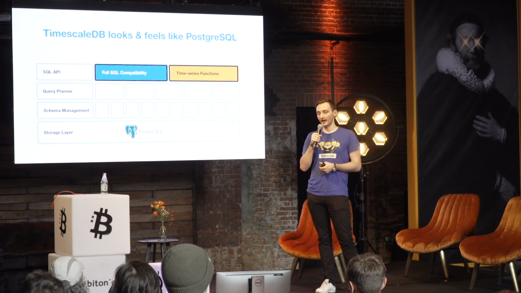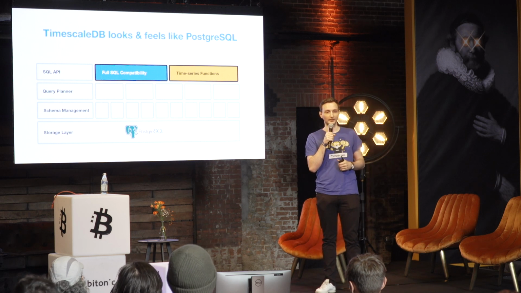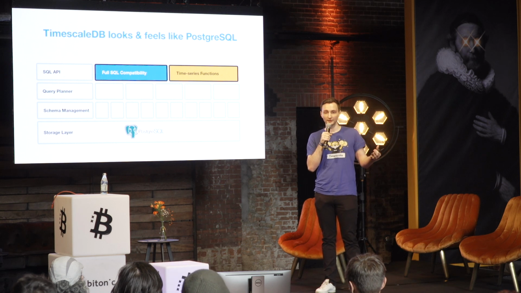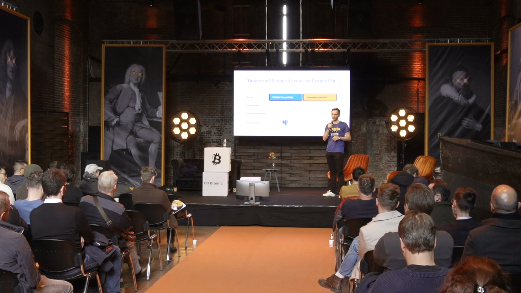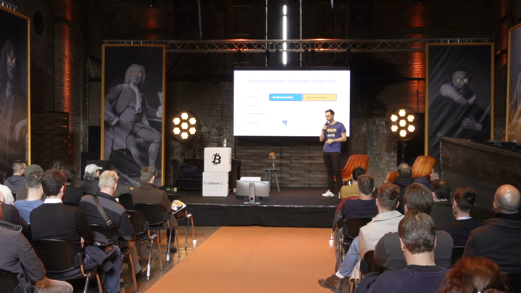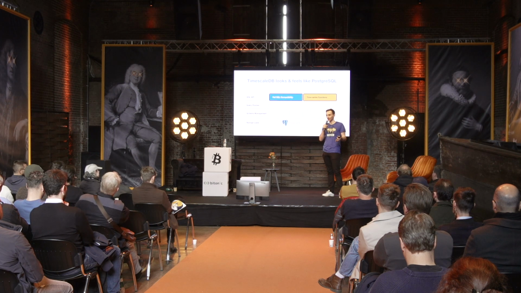For example, we have functions that help you create the values needed to create candlestick charts. So you can generate the open, high, low, and close values within the database from raw data. And then we also provide a bunch of other statistical functions that can be useful to analyze blockchain data.